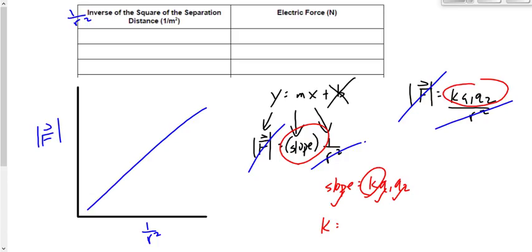Finally, after we find the value of Coulomb's constant, which is the value of K, then we got to write a conclusion. And the conclusion is simply, what's the value, and justify that. So how do you know that that's the value of it?